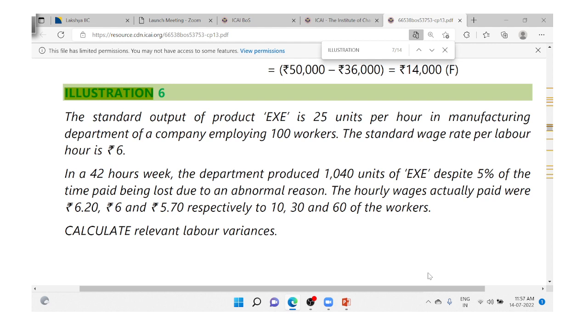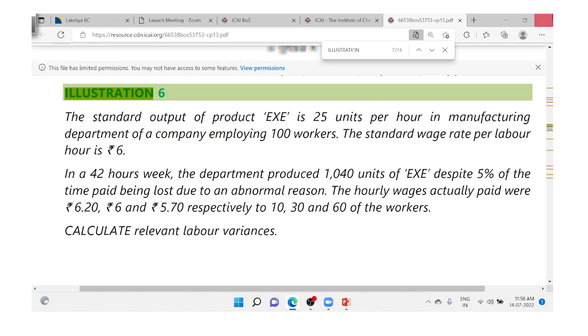Devika, are you there? You mentioned a problem where there is a doubt in the labor variance of hours paid and worked. I want to check that question first because there might be some mistake in the textbooks also. If you can just mention it to me, I can just cross check it at the earliest.